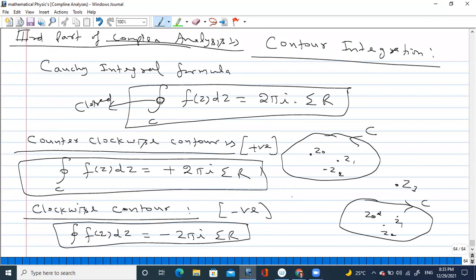So you first note down that this point is an outside point. You can write one line here: outside point of the contour.